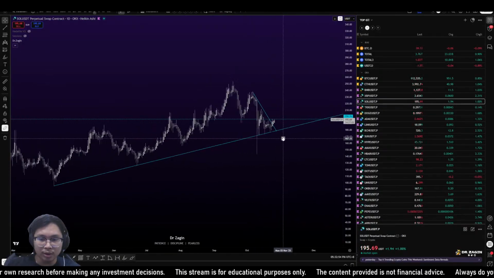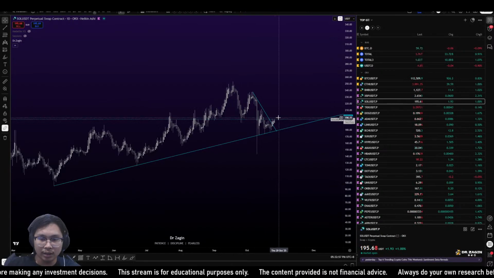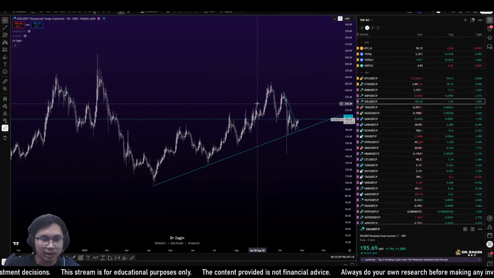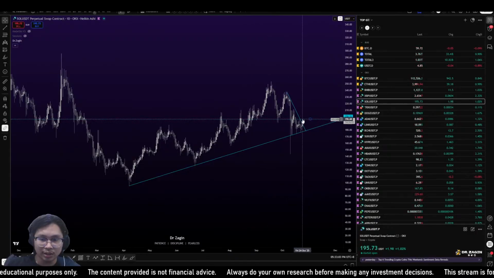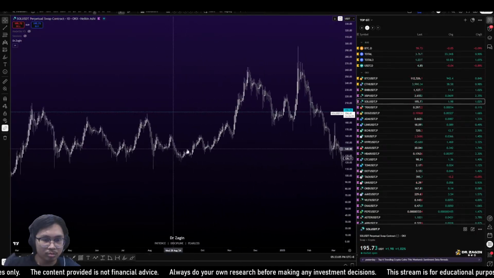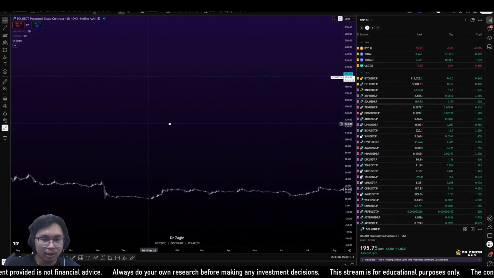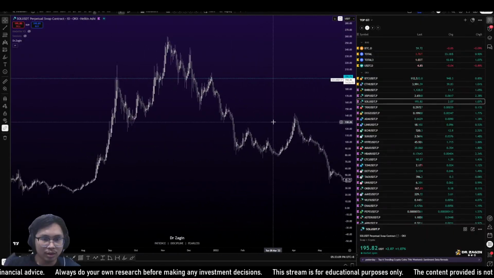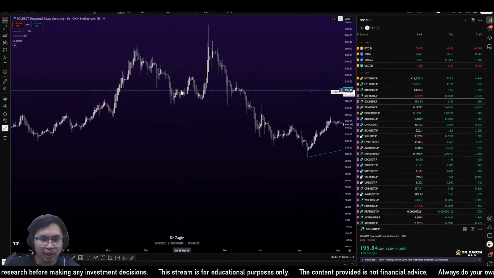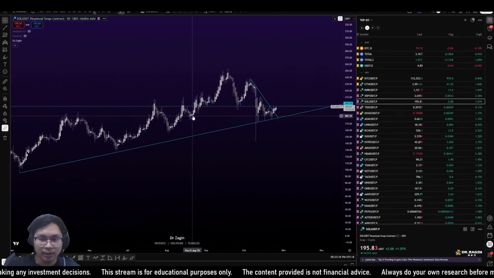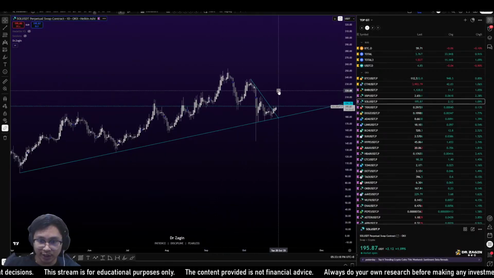So if we consider this as my resistance, it is valid, since we are seeing reactions there. And let's look to the left. There are reactions as well. So there is something in this level.